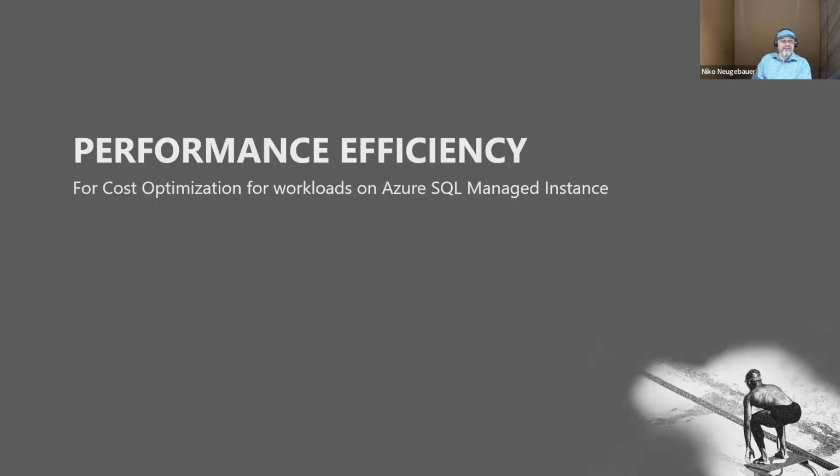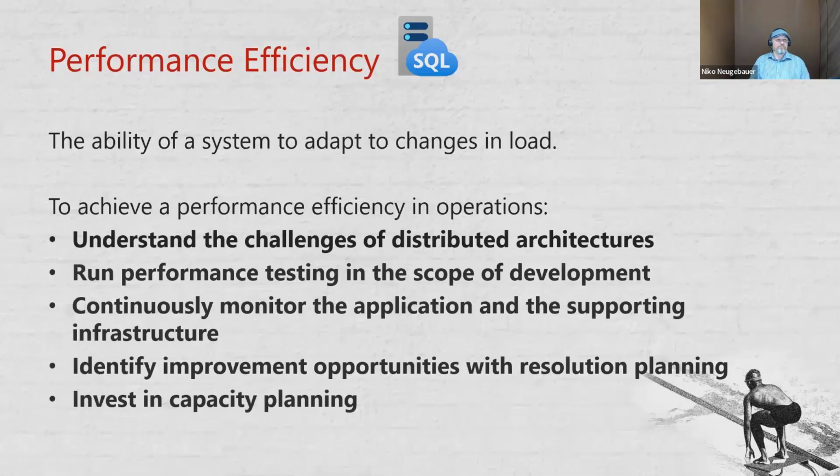All right, so let's talk about the performance efficiency, right? That's where a lot of the DBAs and developers can shine. Once again, start with your application design. Also, if you're using something like a hybrid service broker or distributed transaction, the features which we are supporting on managed instance, understand the challenges before implementing them.